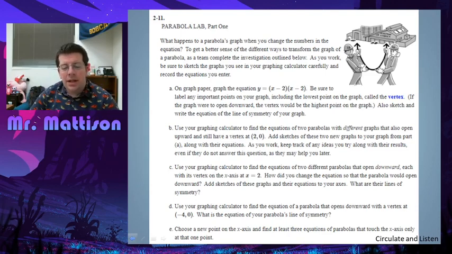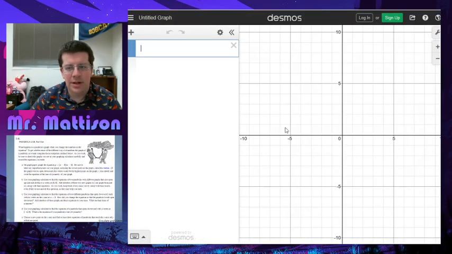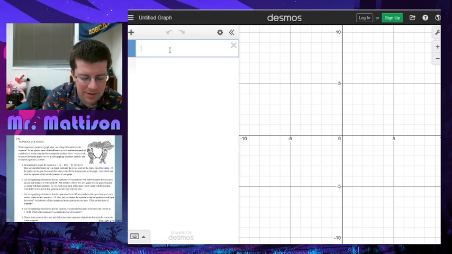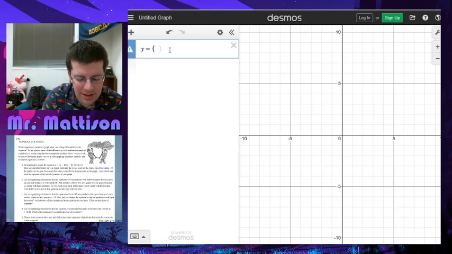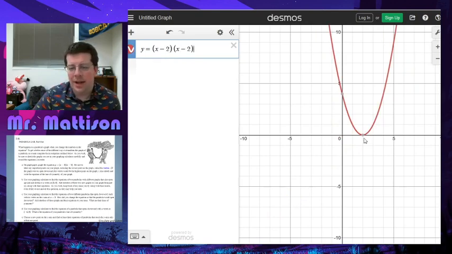Okay, so if you take a look at our Desmos screen, the first thing that we're going to want to do here is graph the equation which it gives us, which is y equals (x - 2) times (x - 2). Things that I notice about this: I have this vertex at 2, and I see a little y-axis here at 0.04.